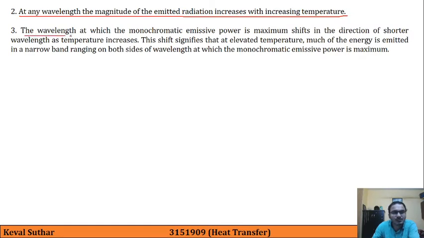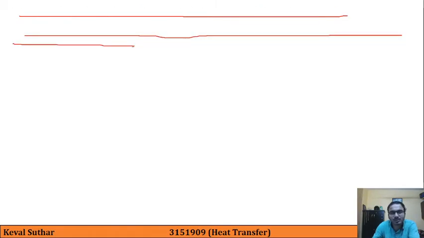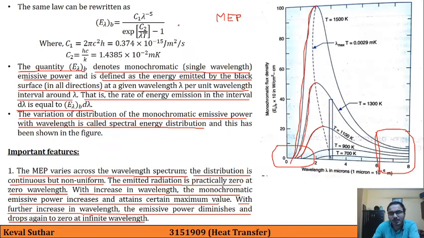Third, the wavelength at which the monochromatic emissive power is maximum shifts in the direction of shorter wavelength as temperature increases. Here, as you can see, the maximum energy emission is towards the shorter wavelength region.